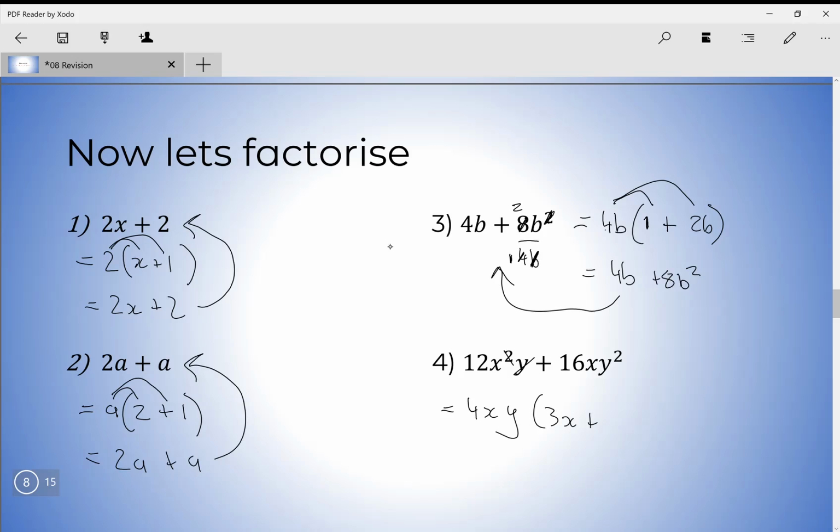Now 16 divided by 4 is 4, x divided by x cancels out, and y squared divided by y, we cancel the squared, and we end up with 3x plus 4y. And again, if we want to make sure we've done it right, we'll expand our brackets. 4xy times 3x is 12x squared y, and 4xy times 4y is 16xy squared. That's what we started with.